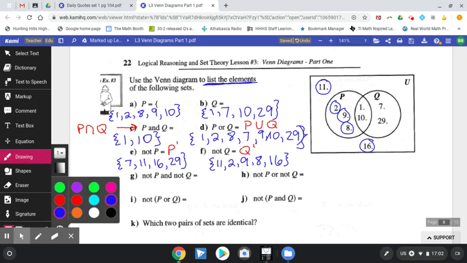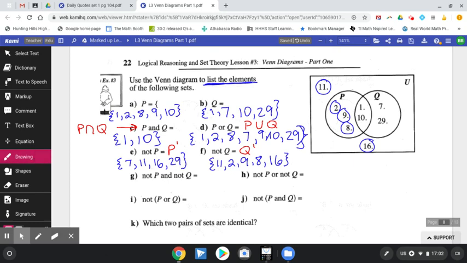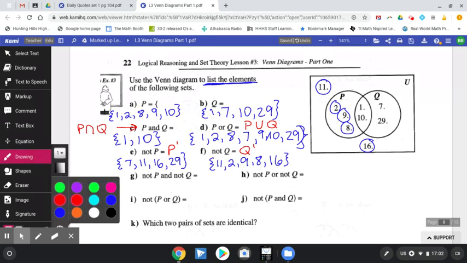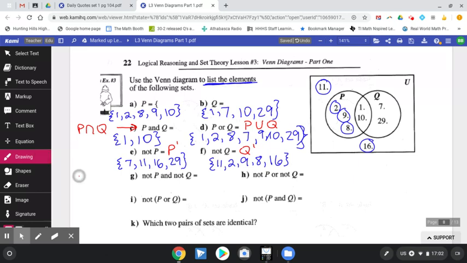All right, let's go on to G. Getting a little trickier as we work our way through this one. So not P and not Q. Let's look at that one with symbols first. Not P and not Q. This is an intersection question. You might do our shading that we did. Don't do any writing right now. I just want to show you your options as we get to these trickier ones.